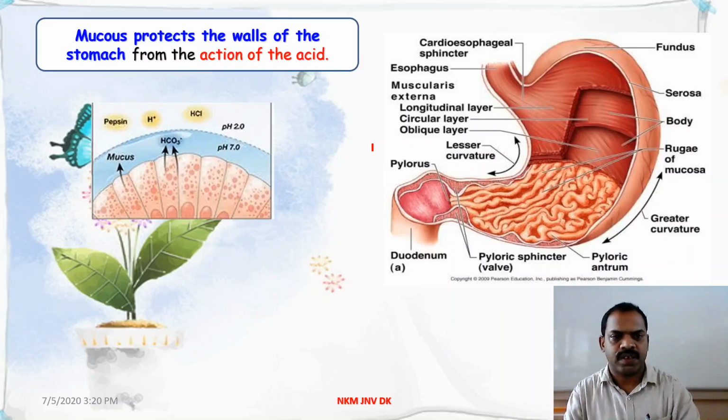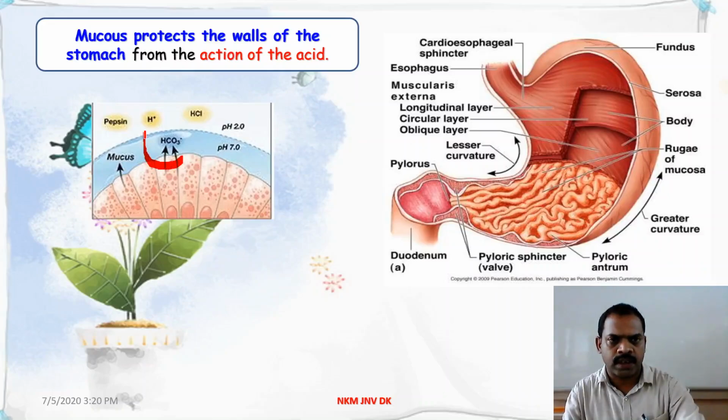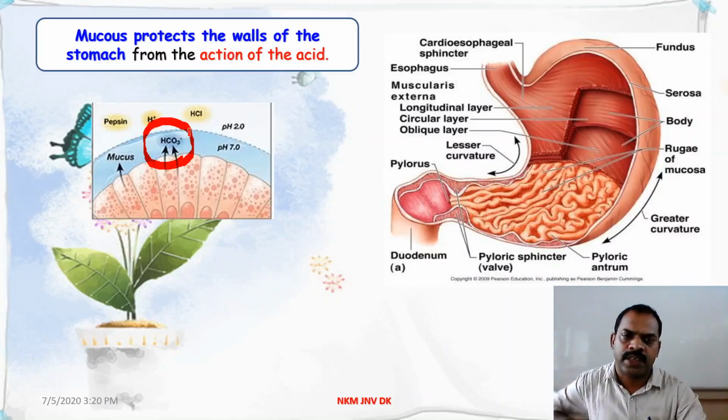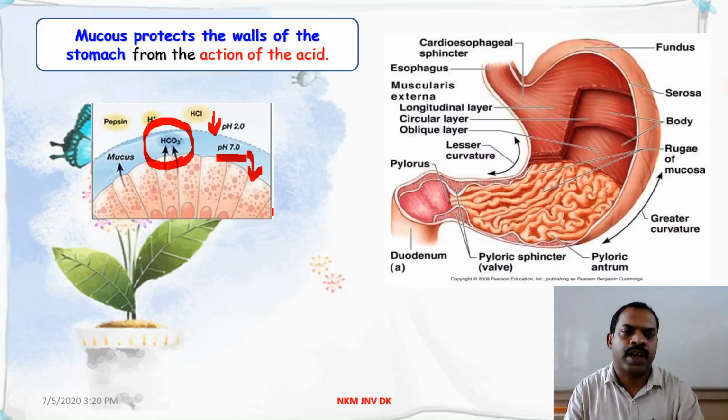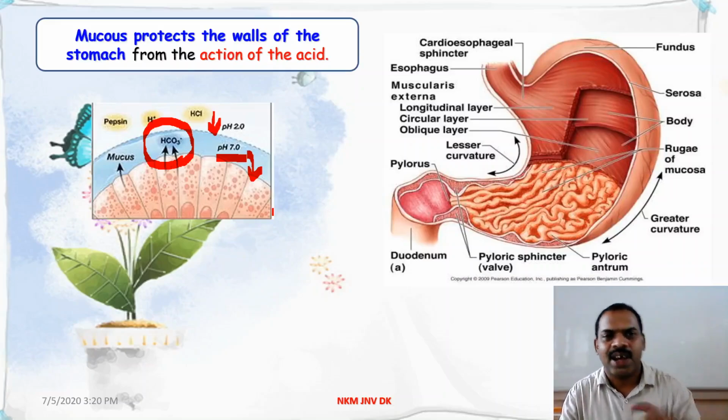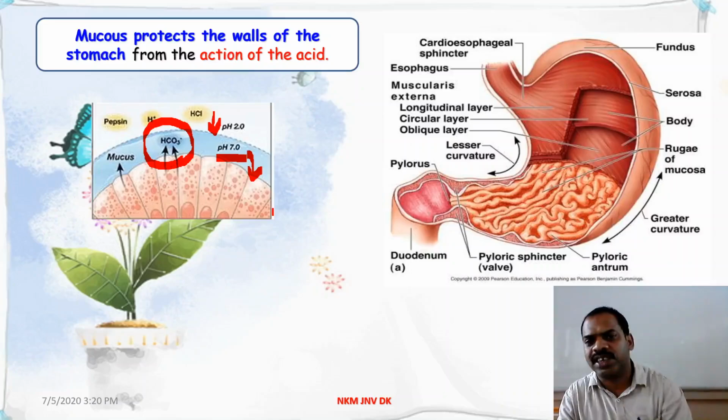See, the mucus has a special type of structure called bicarbonates. It acts as a buffer. Buffer, you know, will not change the pH. It neutralizes. So when the HCl of pH 2 comes in contact with the mucous layer, the pH converts into 7, and this pH 7 will not cause any problem to the stomach lining. Got it? That is how the mucus is protecting.